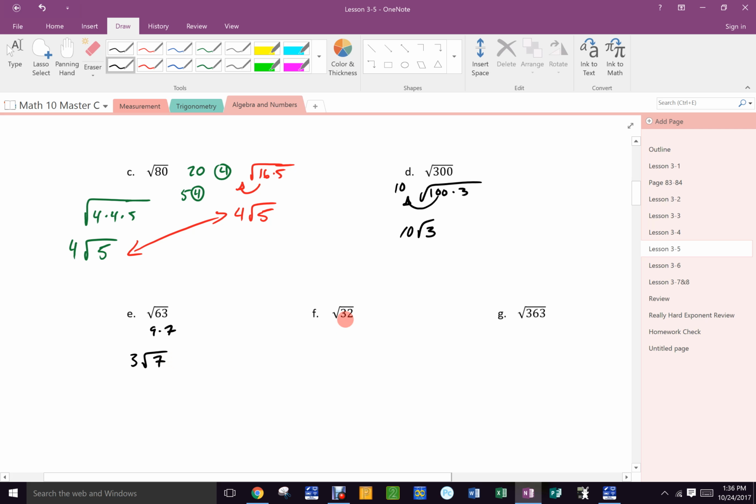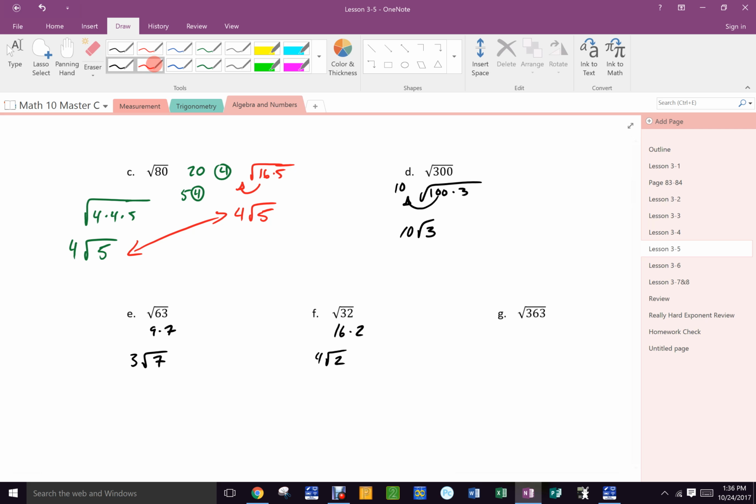What about 32? So Sam says use 16 and 2. What's the square root of 16? 4. What stayed under there? 2. Now, this is problematic. Why? Because a great many of you aren't familiar with your 16 times table, are you? Few of you probably saw 16 right away.